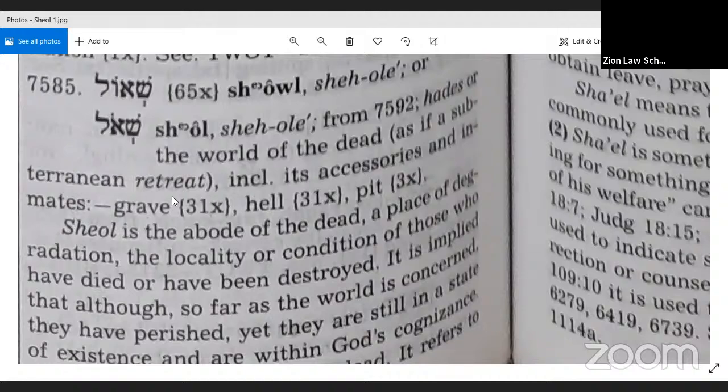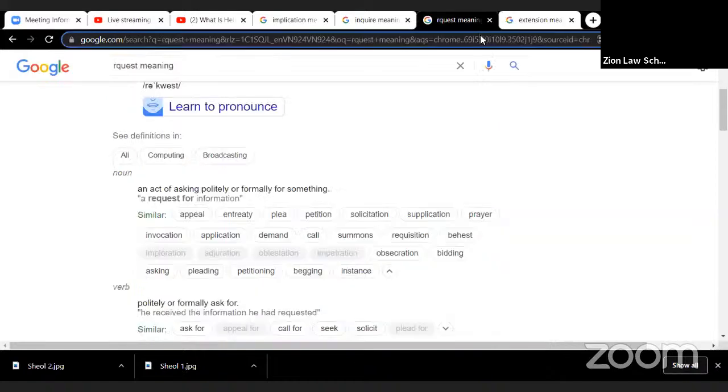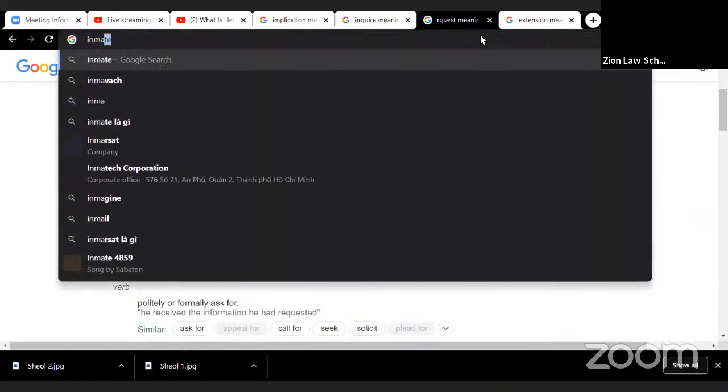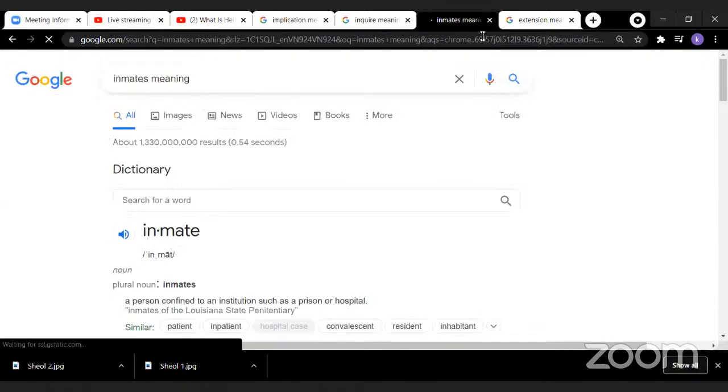So what are inmates? Let's look that up. I'm only familiar with the negative meaning of inmates. Let's see if there's something positive about inmates. Does anyone know anything positive about inmates? No. So let's see.